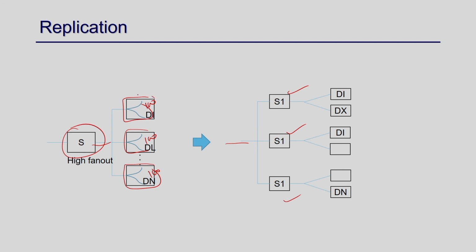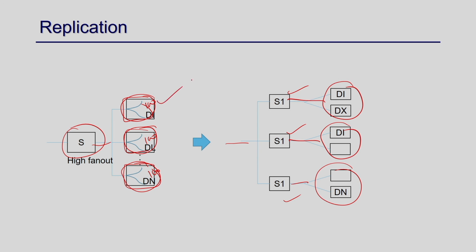Whatever the fan outs are here, I put near to this source, and whatever the fan outs are here, I put here. This helps to keep the strongly connected nodes together. Whenever they are inside a module, they are strongly connected, and if I place them together, placement and routing will be easier. Okay. So, that is the basic idea of replication.